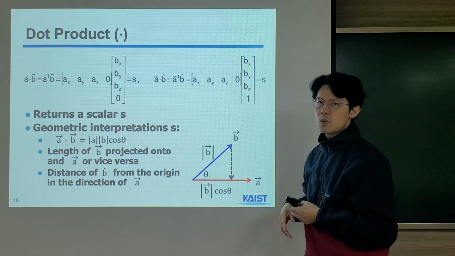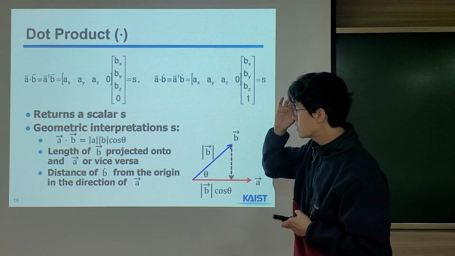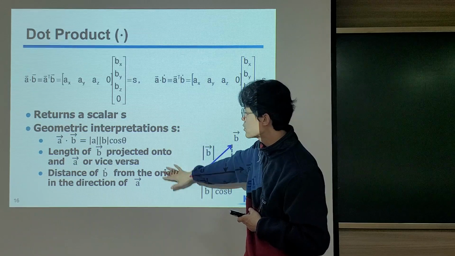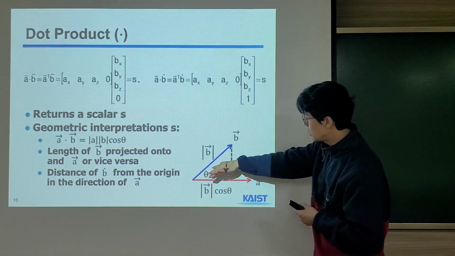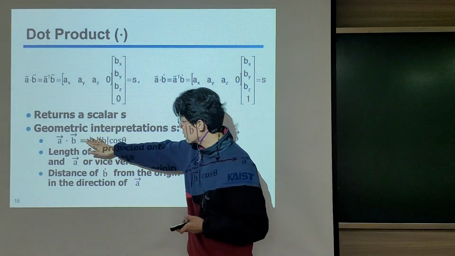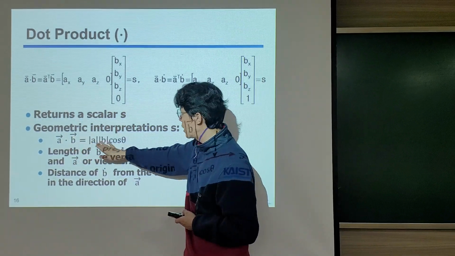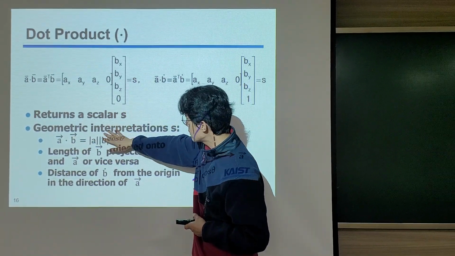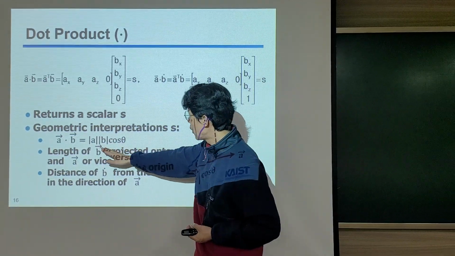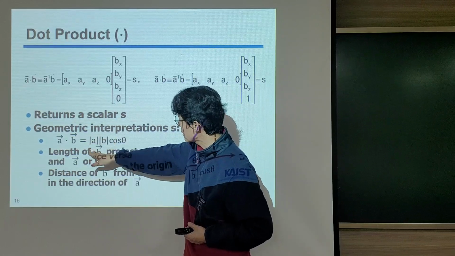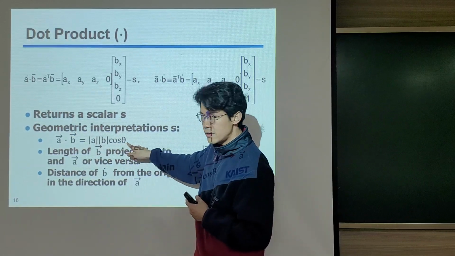But the much more important thing is that we need to have a geometric interpretation. Suppose that we have two vectors, vector A and vector B, and we do this dot product. This is one representation, and this is another representation of the dot product. We multiply the magnitude of each vector A and B, and then we multiply by cosine theta.